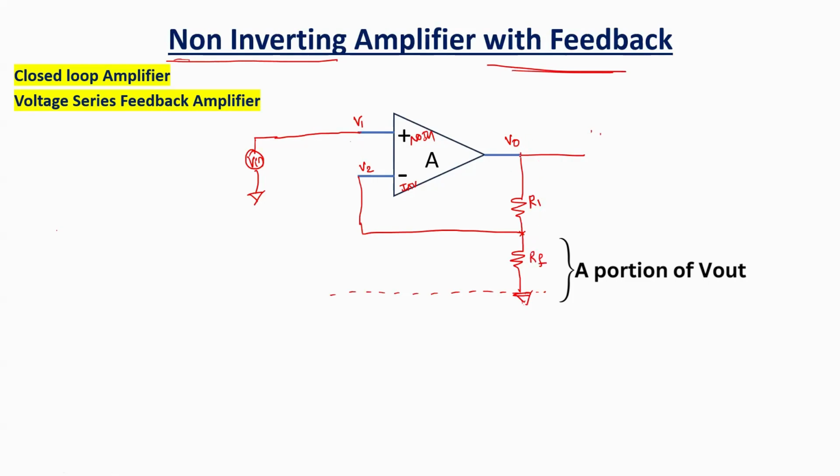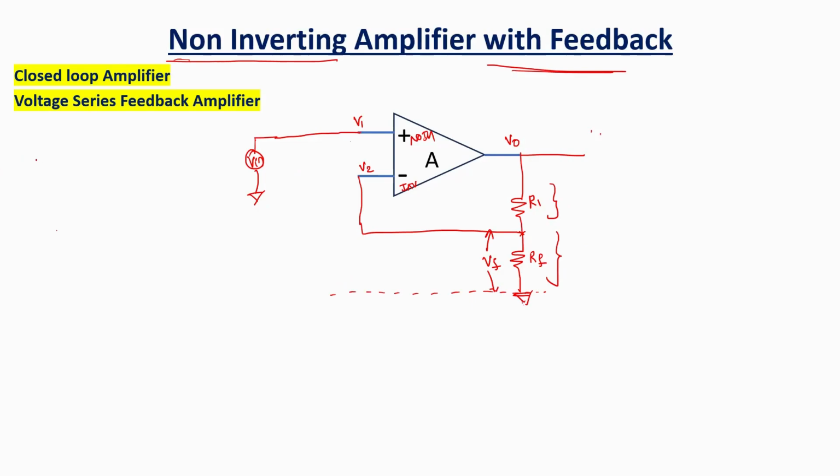You can see a small portion of the output voltage feeding back by using the resistor divider network. There is a certain drop here. So the drop across here, I don't know, something X drop, and here it is Y drop. I don't know what the Y drop is, but a certain drop of the voltage is fed back into this V2 terminal. Now, I call this drop VF for simplicity.